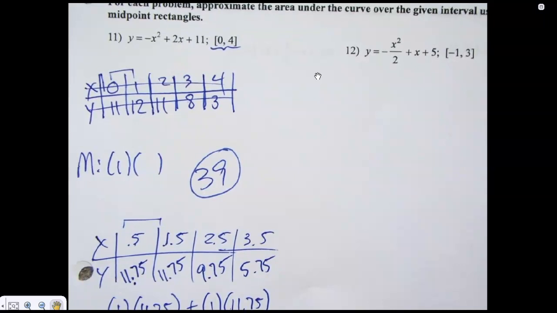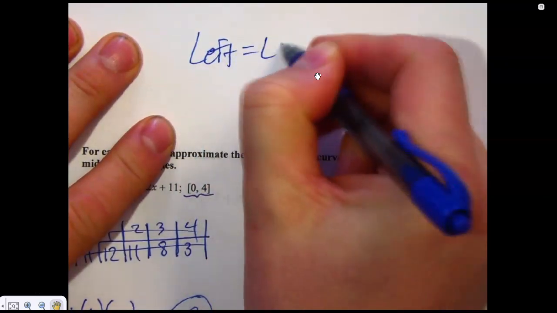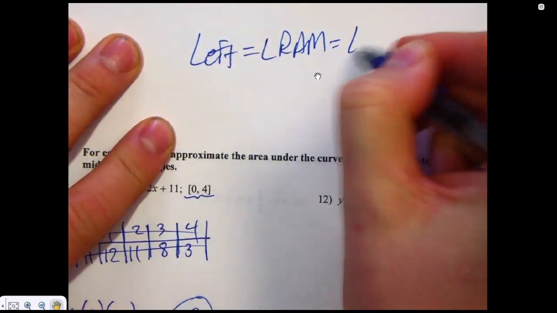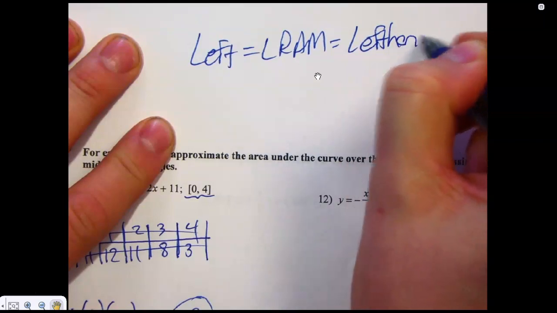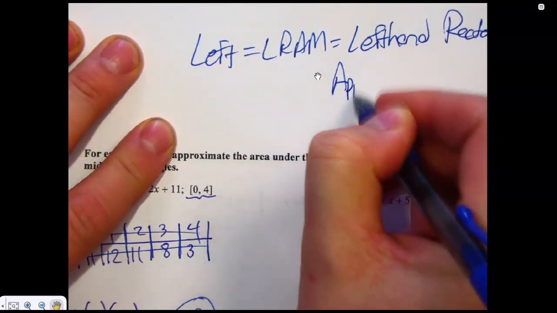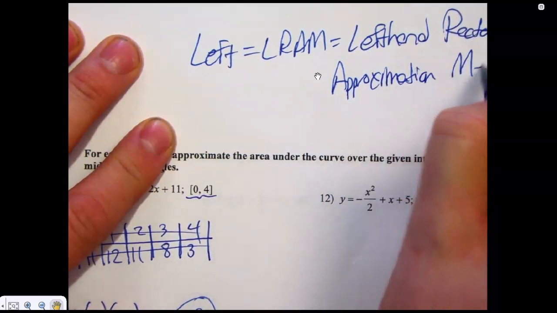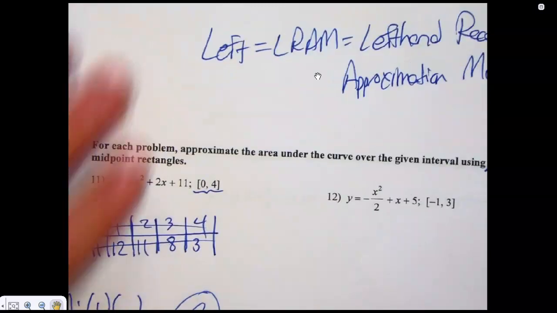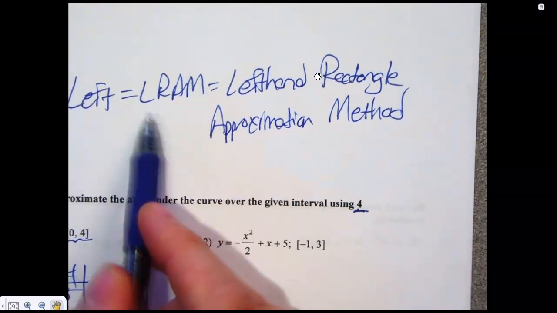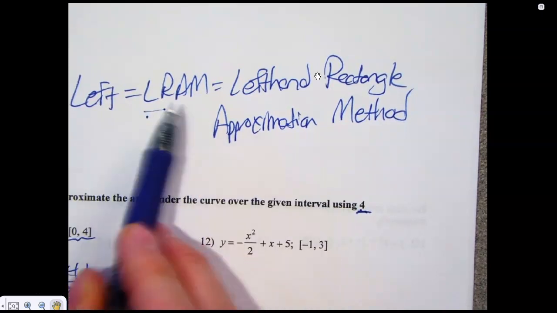It'll be either LRAM, so they're really called, left is called LRAM, that stands for left rectangle approximation method. So then there's also RRAM, which is right, MRAM, and TRAM.